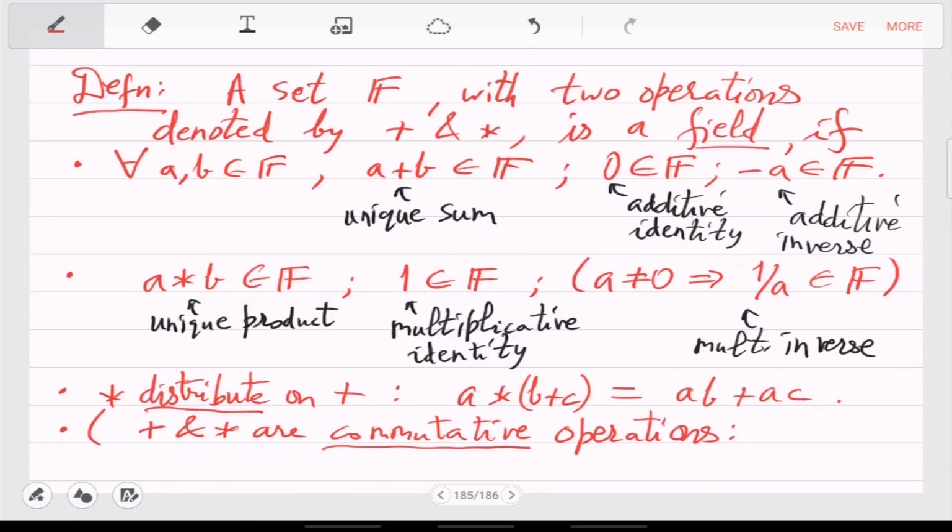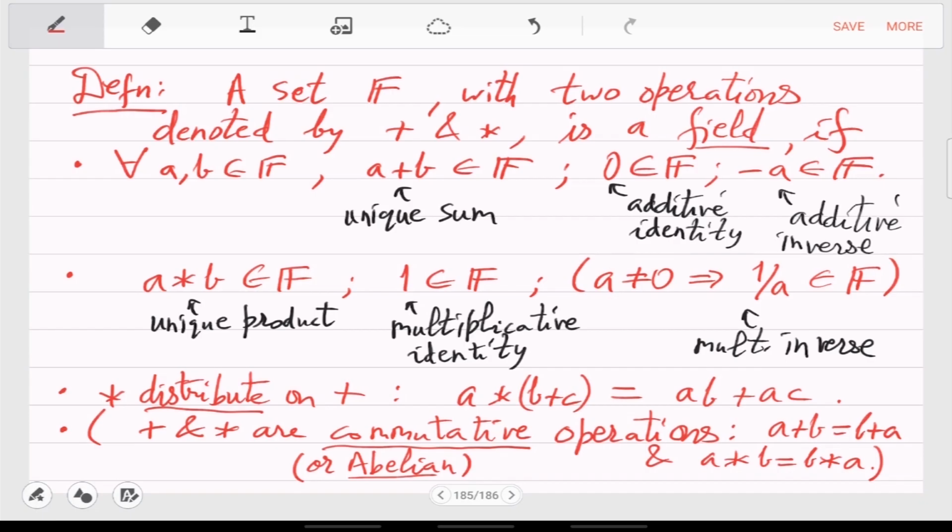Which means that A plus B is B plus A, and A star B is B star A. Okay, this is also called abelian. So in a field, only commutative or abelian operations are allowed. So you can add in any order and you can multiply in any order.